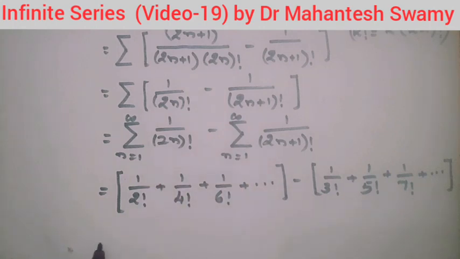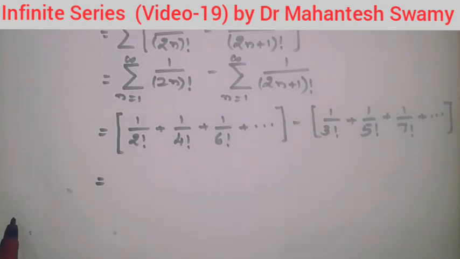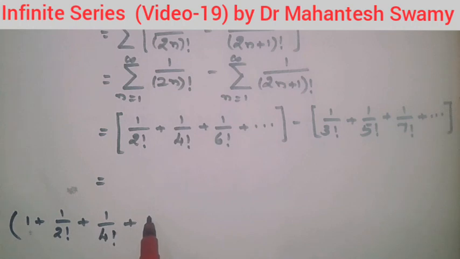Now we have to use our previous knowledge of exponential series. So what we were knowing there, we were knowing that 1 plus 1 by 2 factorial plus 1 by 4 factorial plus 1 by 6 factorial plus dot dot dot equals (e to the power 1 plus e to the power minus 1) divided by 2.